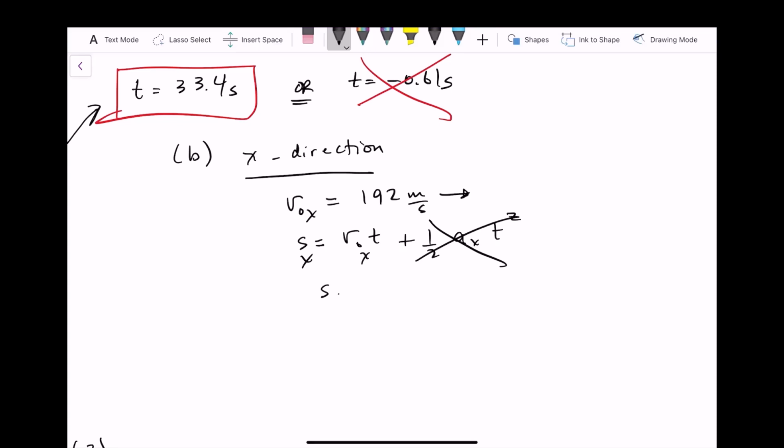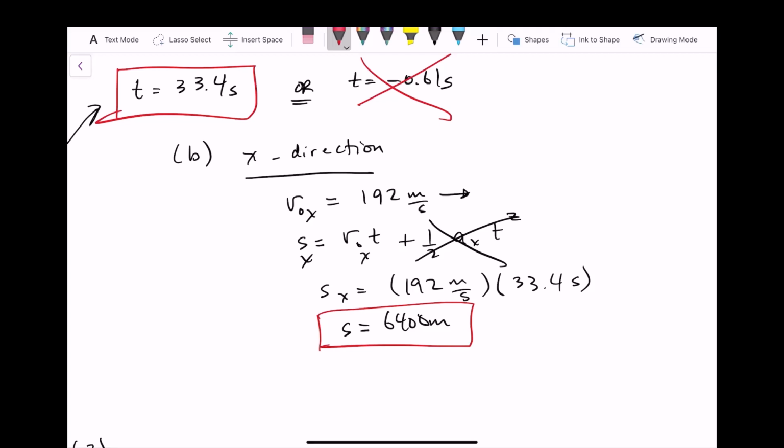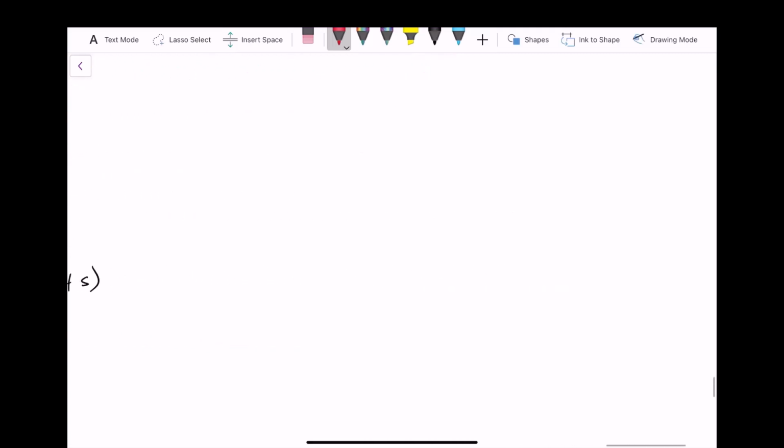So s x is equal to 192 meters per second times the time we just calculated, 33.4 seconds. So our x direction displacement is 6,400 meters. There is our displacement.